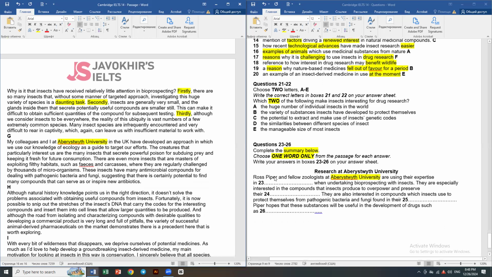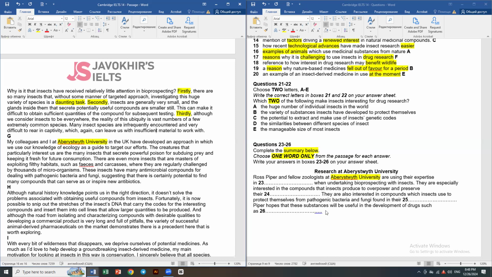However, Ross Piper and fellow zoologists at Aberystwyth University are using their expertise in something when undertaking bioprospecting with insects. They are especially interested in the compounds that insects produce to overpower and preserve their something. They are also interested in compounds which insects use to protect themselves from pathogenic bacteria and fungi found in their something.